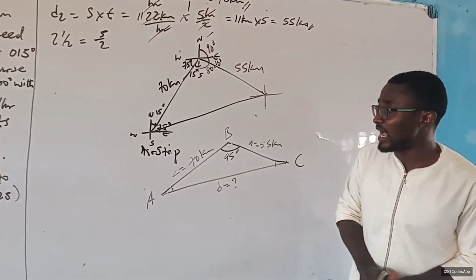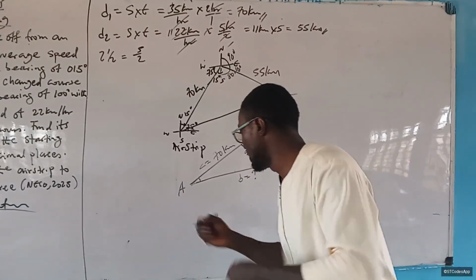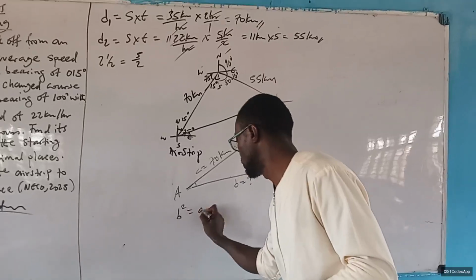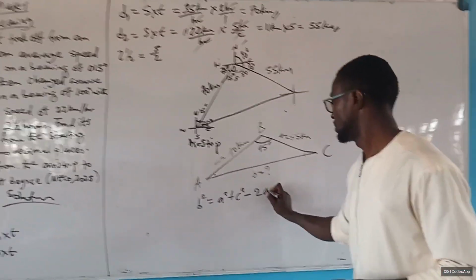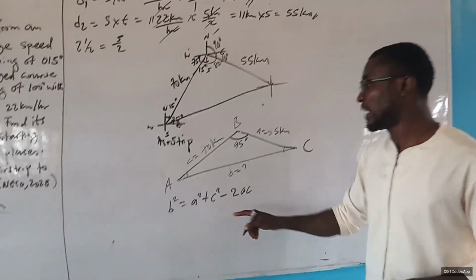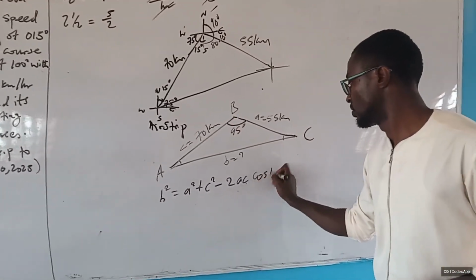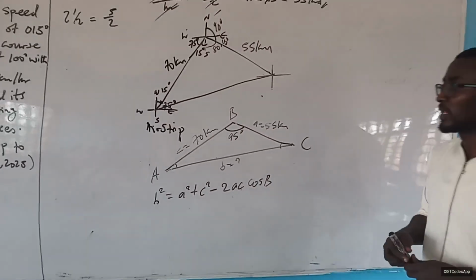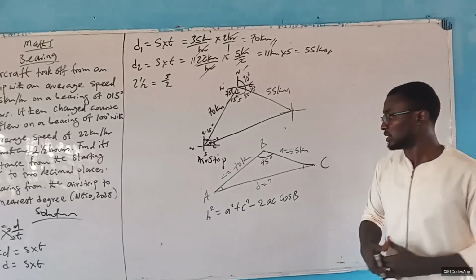By the cosine rule, b squared is equal to a squared plus c squared minus 2ac, multiplied by the cos of angle B. Each of the parameters here is given.